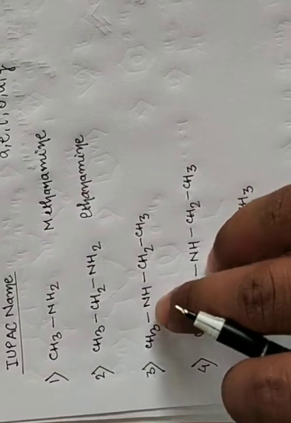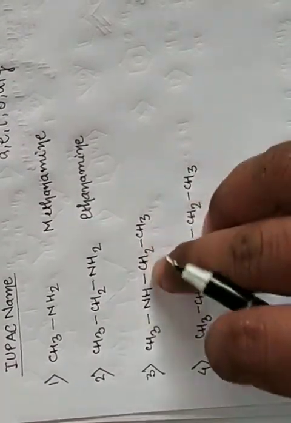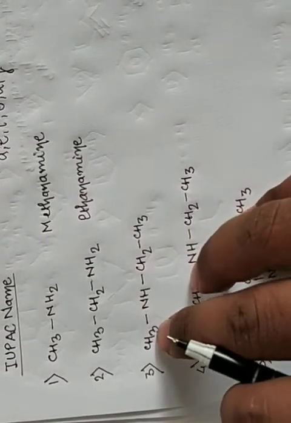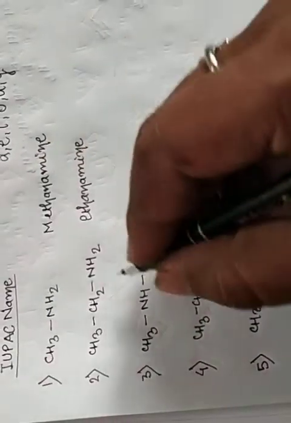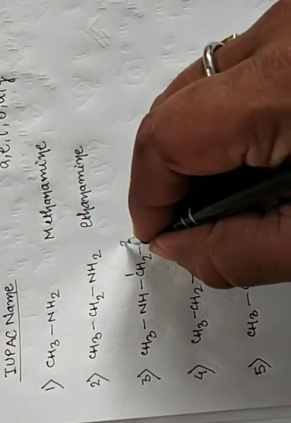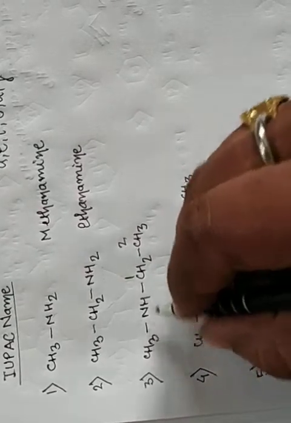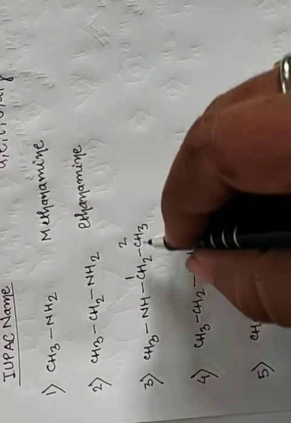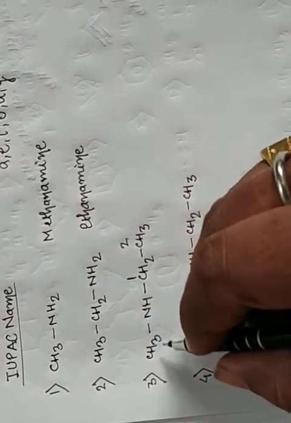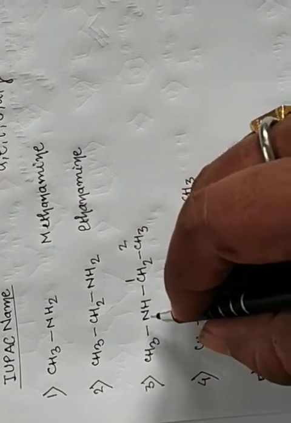And the same, nitrogen attached to 2 carbons. In this case there is a longest chain and a single carbon, so you consider the longer chain, 1, 2. Nitrogen is attached to this carbon, and there is no longer chain on that side, so that side is only 1 carbon. How to write the IUPAC name?